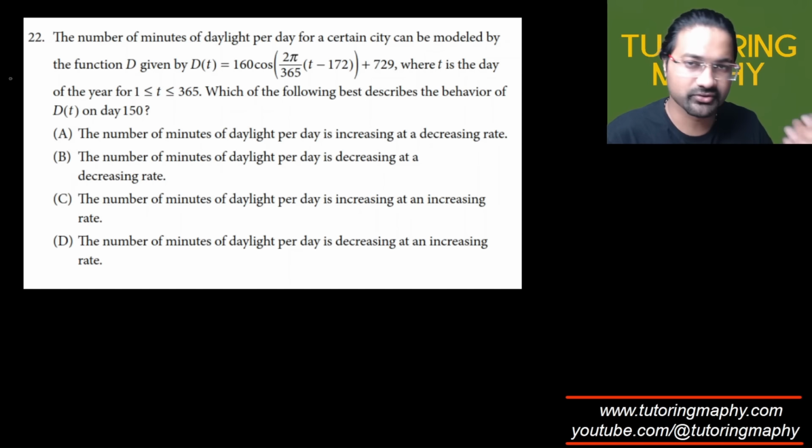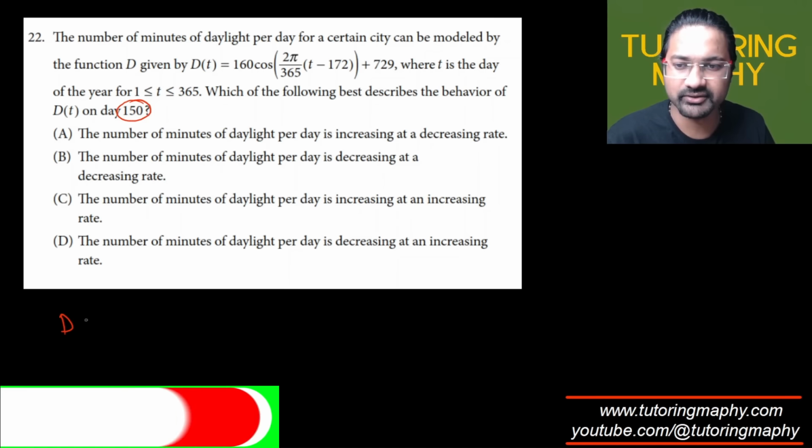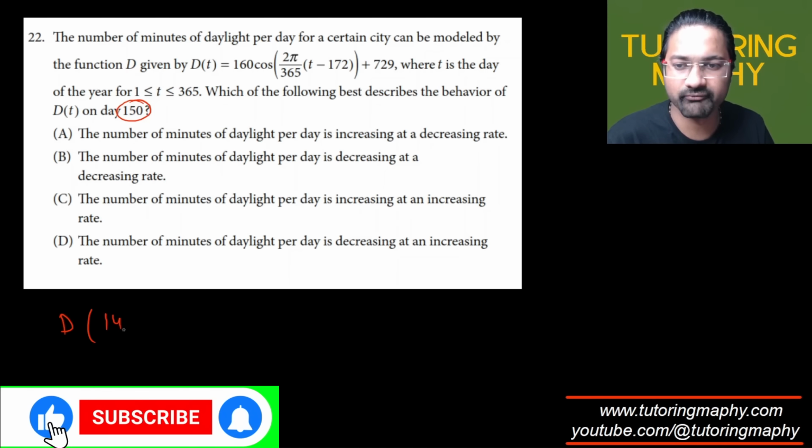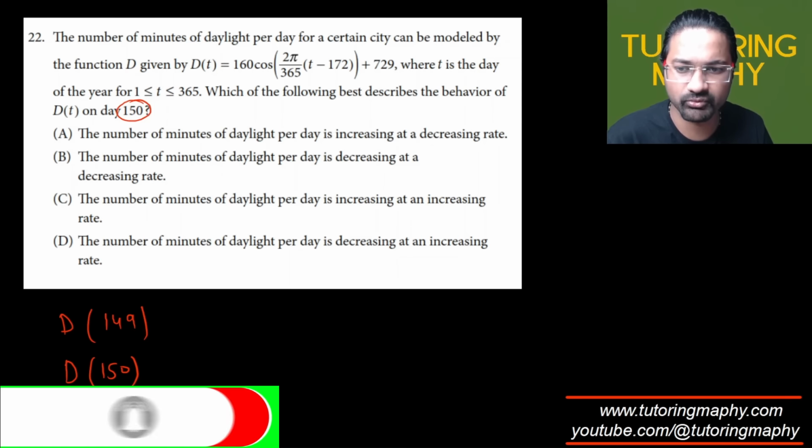rate. So first off, we need to find whether the number of minutes of daylight at 150 is increasing or decreasing. That's our first aim. So let's find the value of d of 149, d of 150, and d of 151.